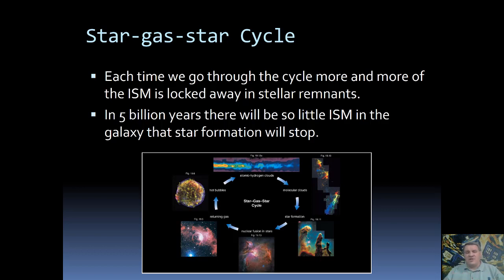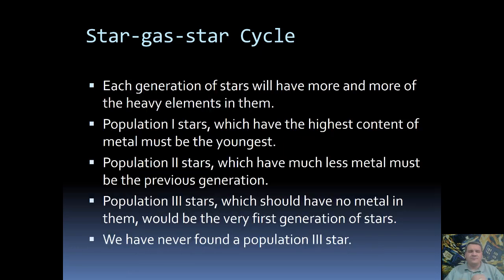So with every generation of stars, we actually use up some of the interstellar medium. Based off of the current star formation rate in our galaxy, there's going to be no new star formation in about 5 billion years. The interstellar medium is going to be used up to the point that it's no longer going to be able to collapse and actually form new stars in about 5 billion years.